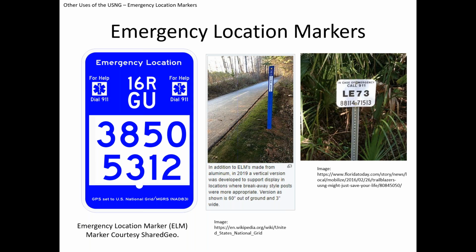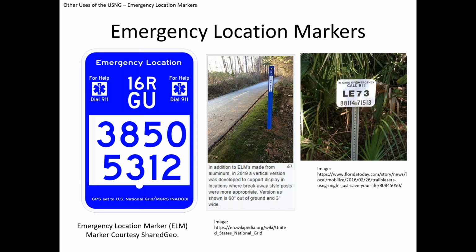You can key in your address and then print out one of these paper markers on your own printer. I have one in my office. If you see the middle one there, this is more vertical and designed to take up less space, like if you were on a bike path.